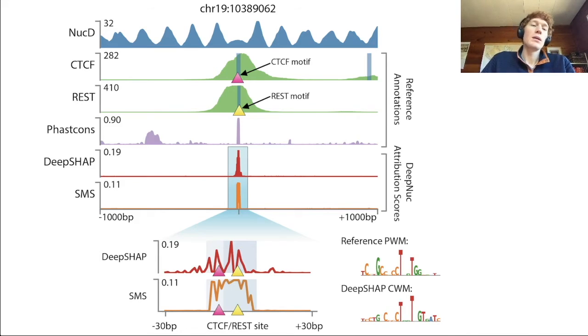You can see that both are highlighting the core sequence that's underlying the transcription factor binding sites, but the SMS score has actually better segmentation of the core sequences than DeepSHAP, which is a little noisier within the TF motifs themselves.